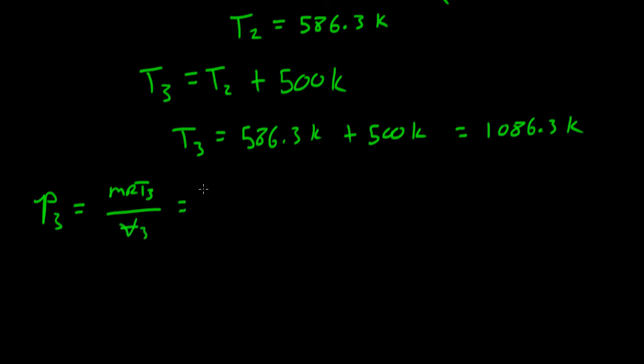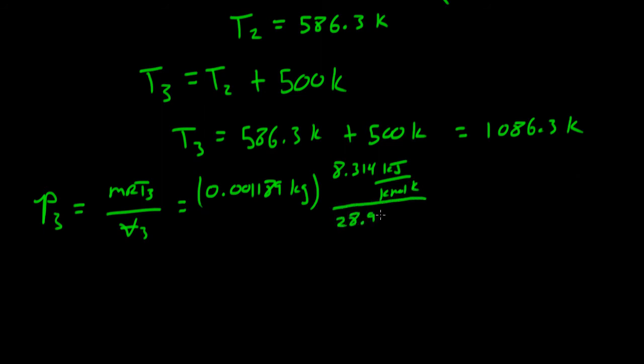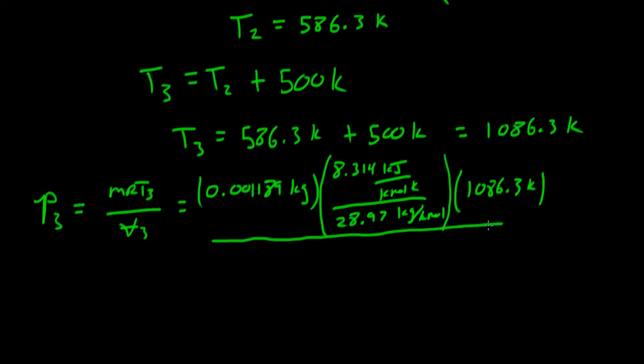Substituting our values for mass and everything, we have that it's 0.001189 kilograms times the specific gas constant, which is 8.314 kilojoules per kmol Kelvin, divided by the molecular weight, 28.97 kilograms per kmol, times our temperature after combustion, which is 1086.3 Kelvin, all divided by volume at 3, which is 0.2 liters.